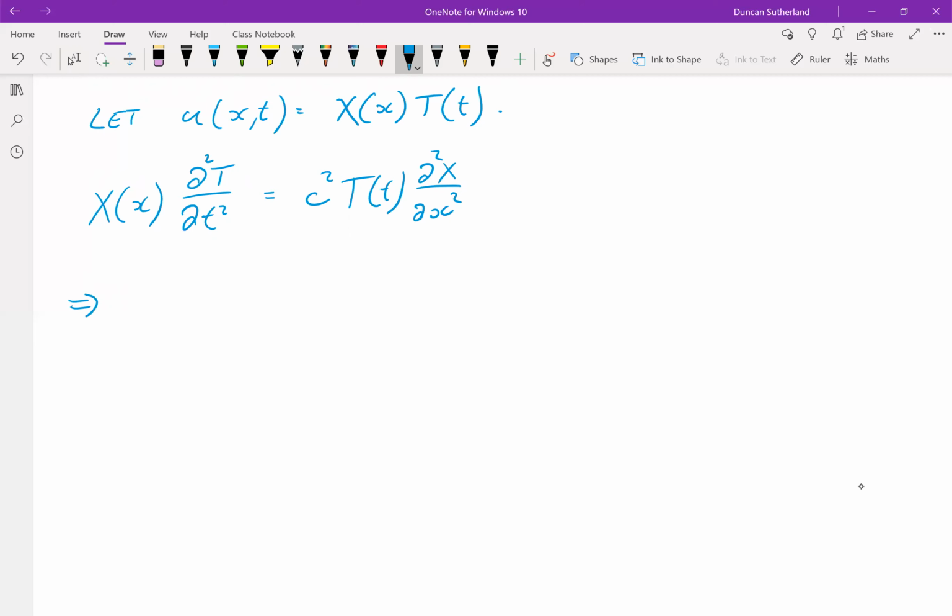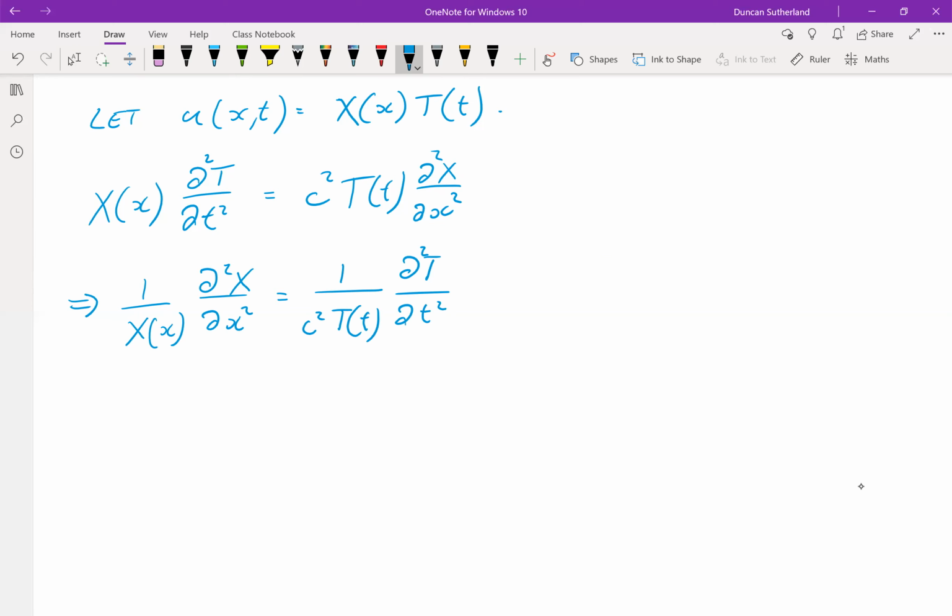So this is what you've got after rearranging to put the x's and the t's together.